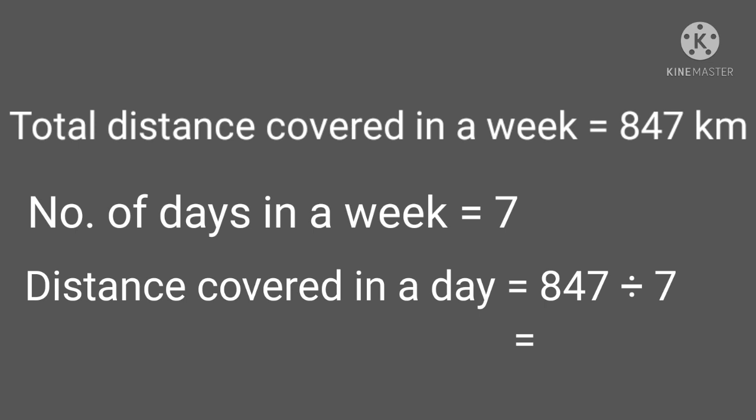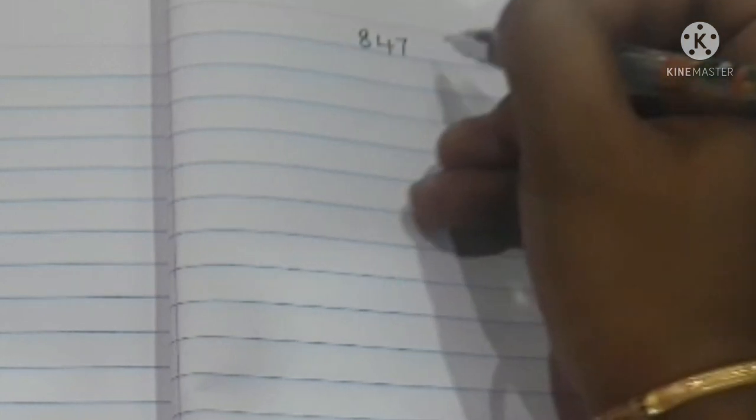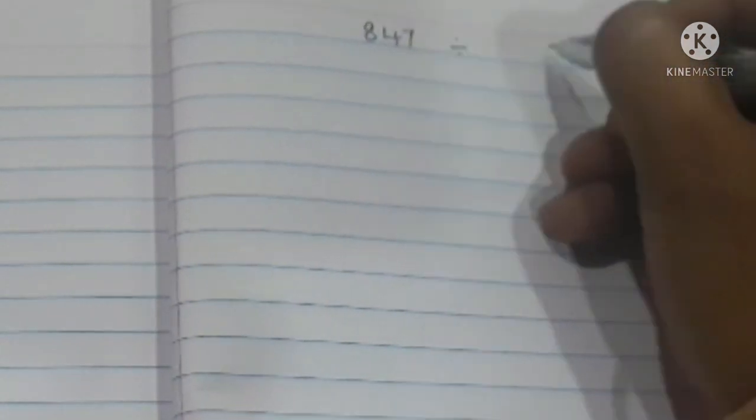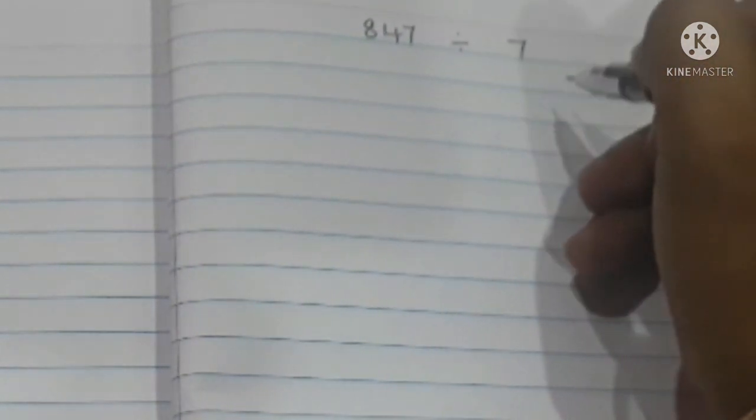And the last step, distance covered in a day. So how can we find this? Yes, we can divide 847 by 7. Okay, and when we divide it, we will get the answer. So let's divide 847 by 7. Okay, so 847 is the dividend and 7 is the divisor.